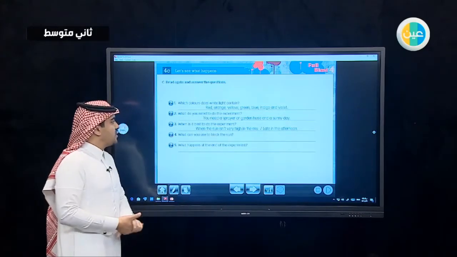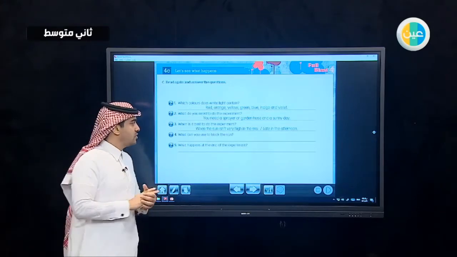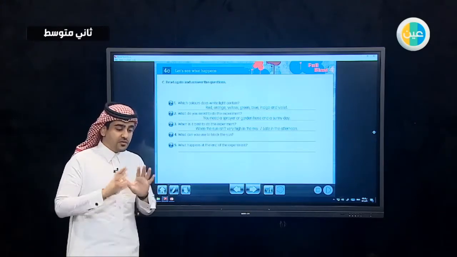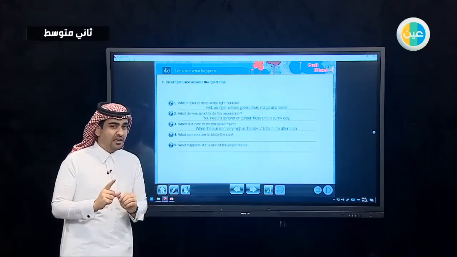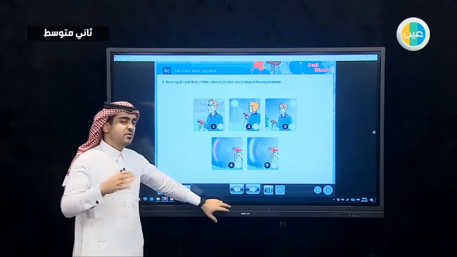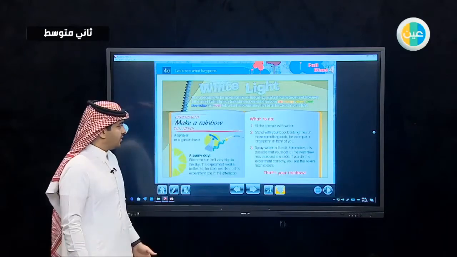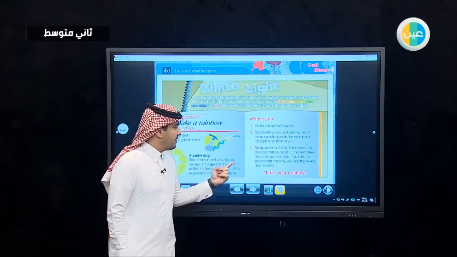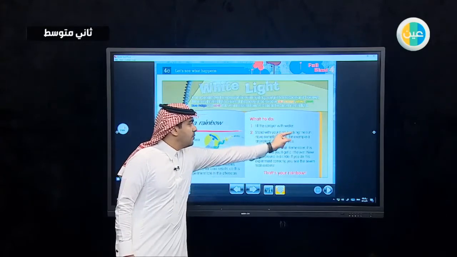Number 4, what can you use to block the sun? It's very clear in the passage. It gave you an example of things you can do to block the sun. You can find the answer in number 2: stand with your back blocking the sun.